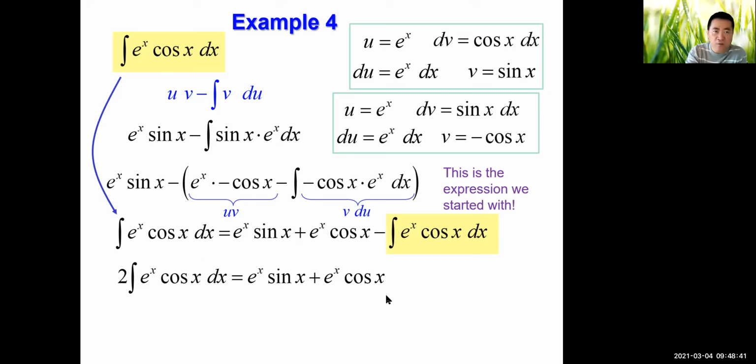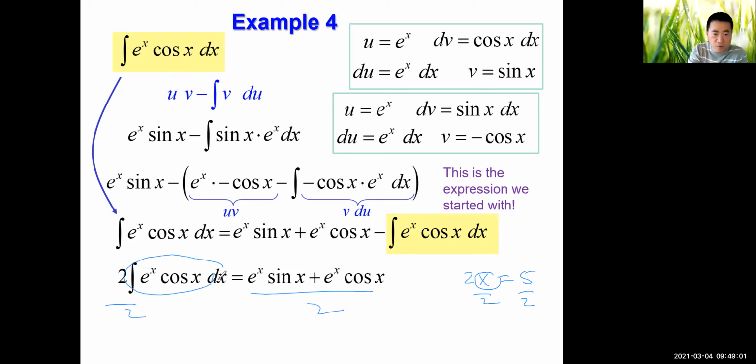And then again, what do we do when we get 2x equals 5? You want to solve for the unknown integral, so you divide by 2.